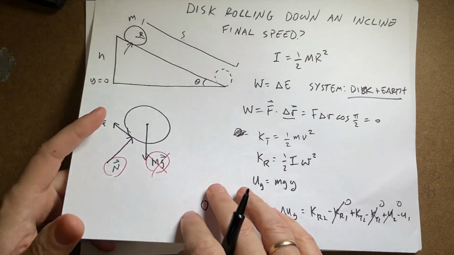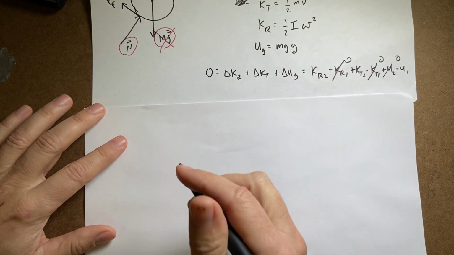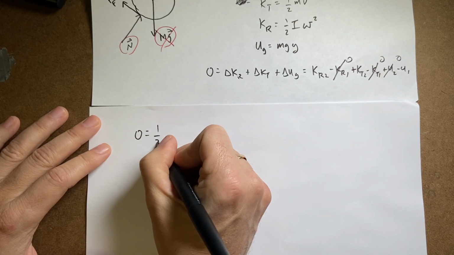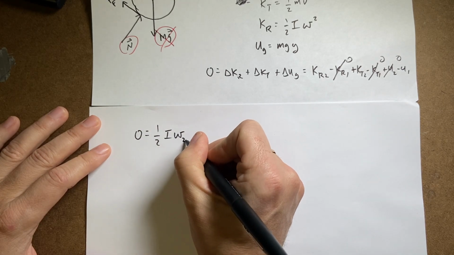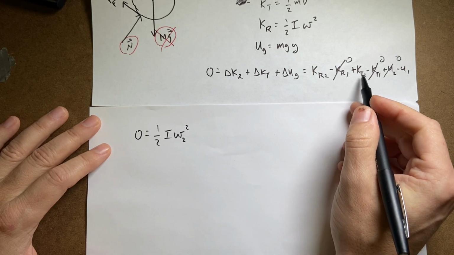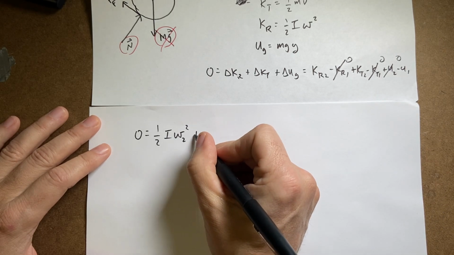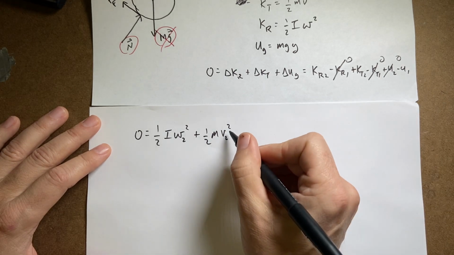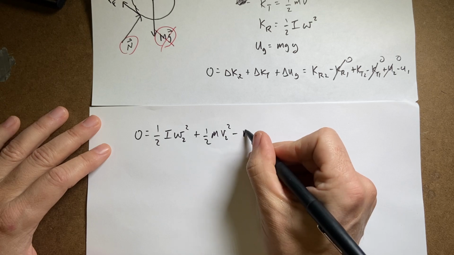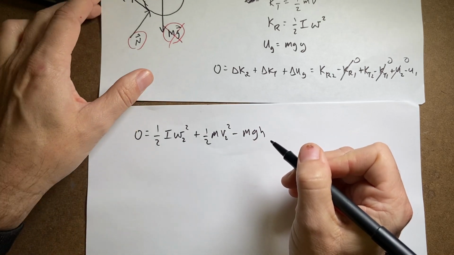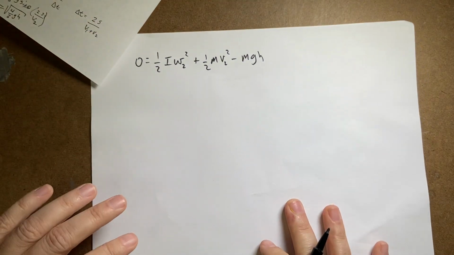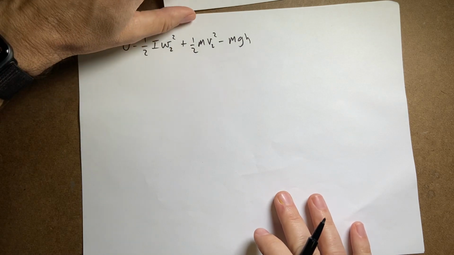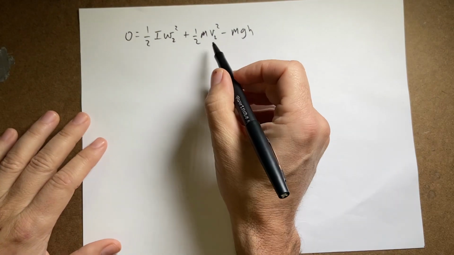So 0 equals the final rotational energy, 1/2 I omega 2 squared, minus 0, plus the translational final kinetic energy, 1/2 m v2 squared, minus the initial potential energy, which is mgh. So that is my new energy equation, and I want to solve for v2.